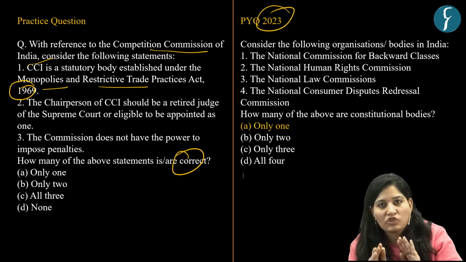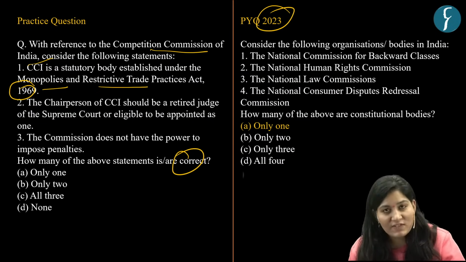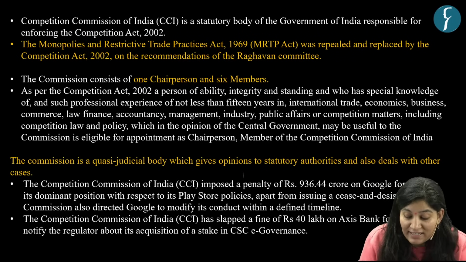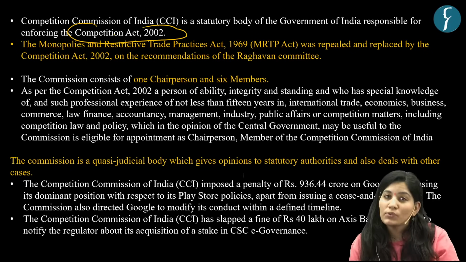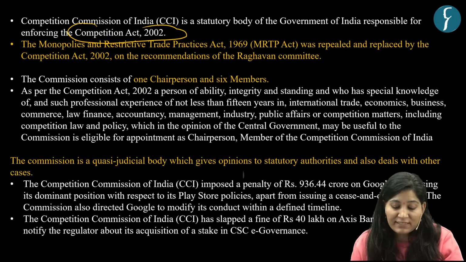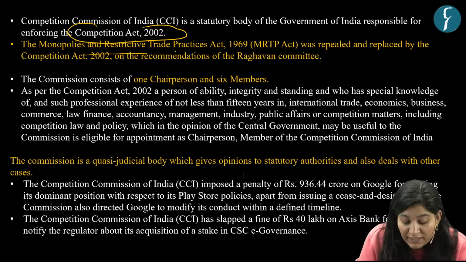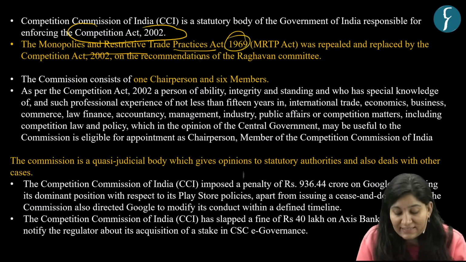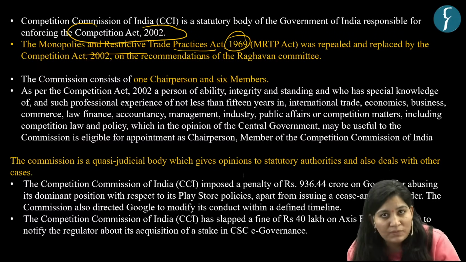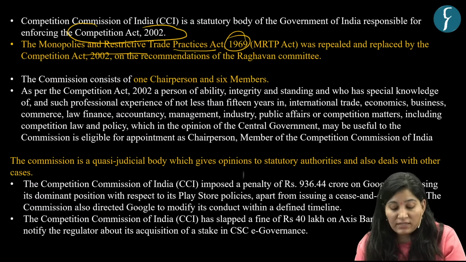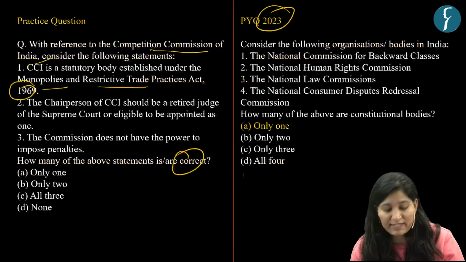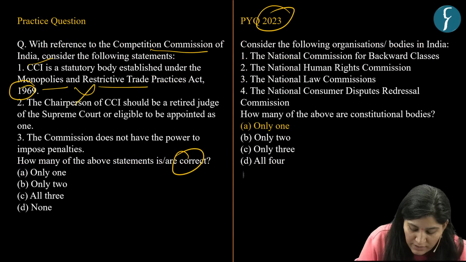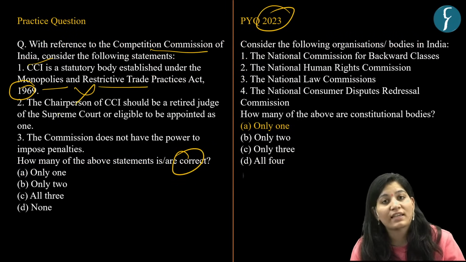CCI is a statutory body, but the catch is that it is responsible for enforcing the Competition Act 2002, and it repealed the Monopolies and Restrictive Trade Practices Act 1969, which we have given in the option. And this is done based on the recommendation of the Raghavan Committee. So this makes our first statement incorrect. Got it? Now let's come to the second statement.